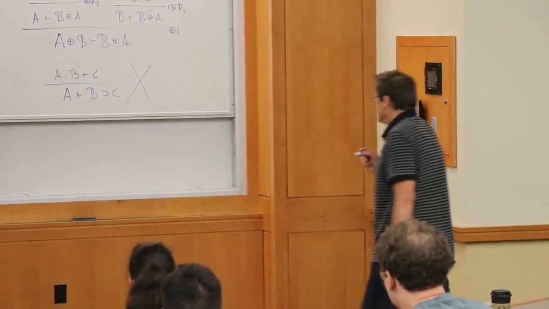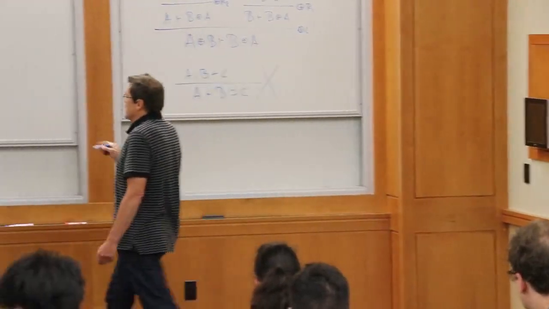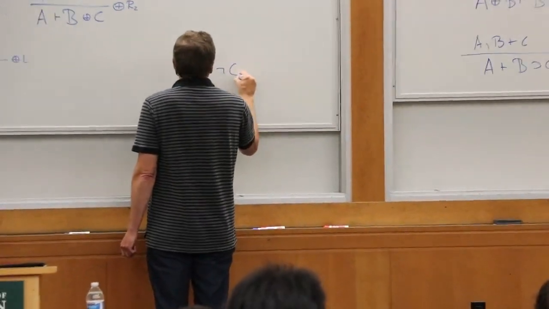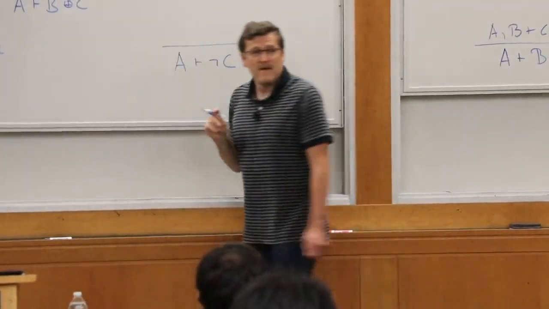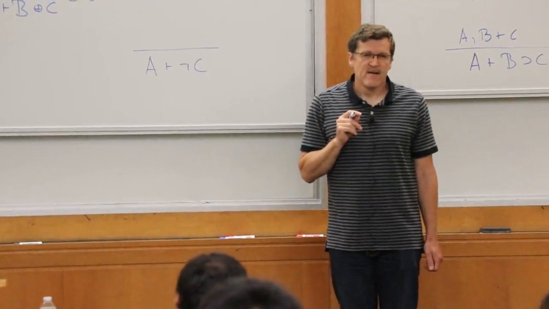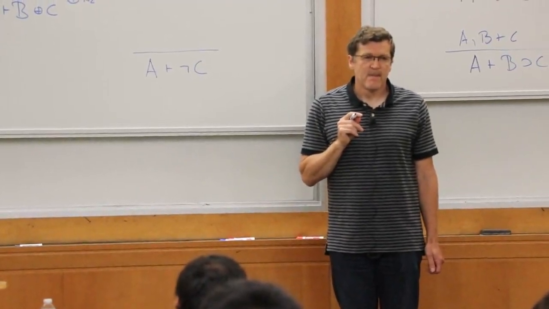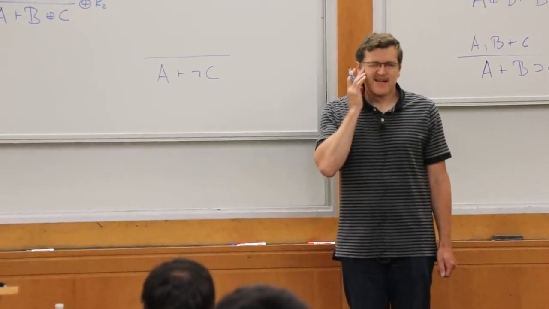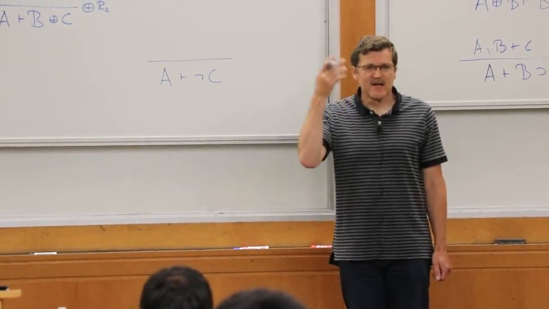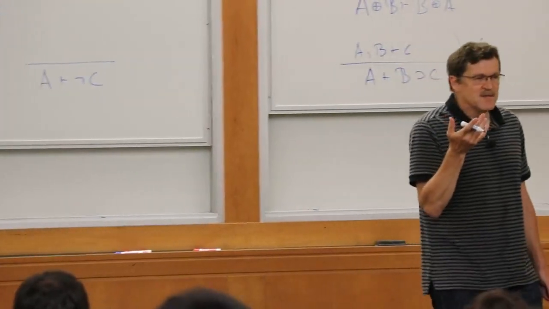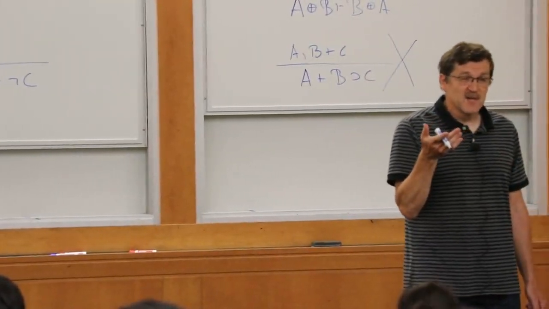Not? Okay. So A proves not C if... The way I'd like to state it, of course, I have 35 years of experience, I would say A together with C gives me a contradiction.